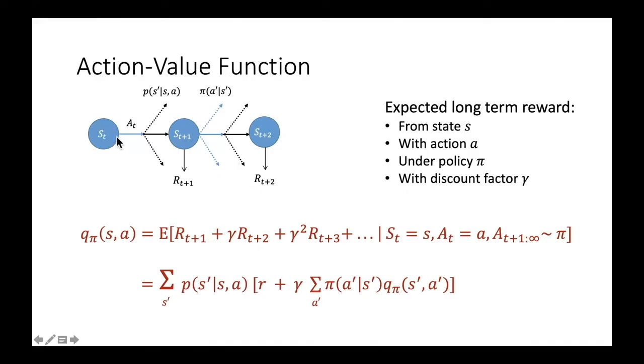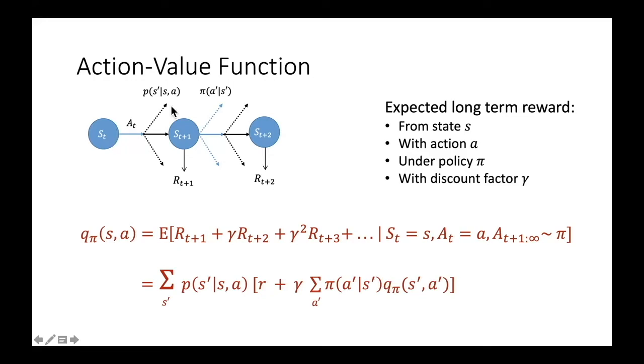So we have a state ST, and the agent takes an action AT, both of which are fixed. Now, at this point in time, this is not in the agent's control; the agent can land in one of many next states. That is why first we average over the probabilities of next states P of S prime given S comma A. And then the quantity in this bracket, which is the immediate reward plus the discount factor times the long-term reward from the next state S prime, averaging over all the possible actions that can be taken in the next state S prime.